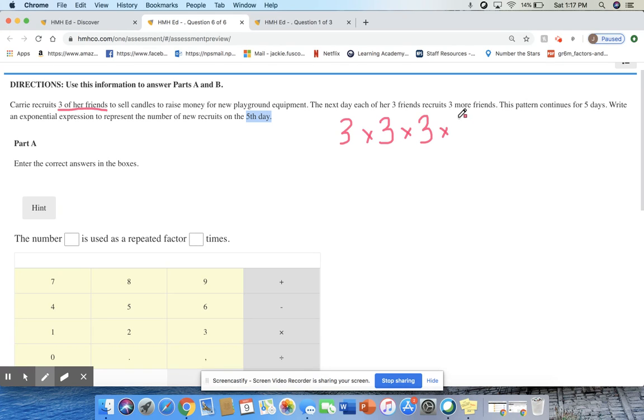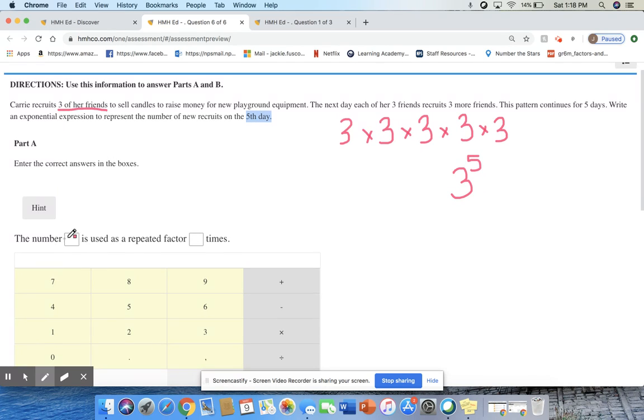And on the 4th day, each of those friends grabs 3 more friends. And on the 5th day, they grab 3 more friends. So my factor is 3. That is the number being multiplied, so it is going to be my base. And my exponent is how many times the number 3 is being multiplied. 1, 2, 3, 4, 5. So my exponent is going to be 5.